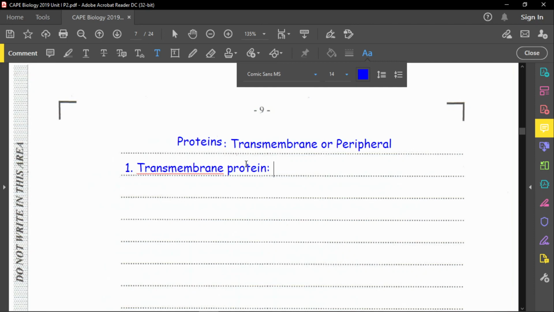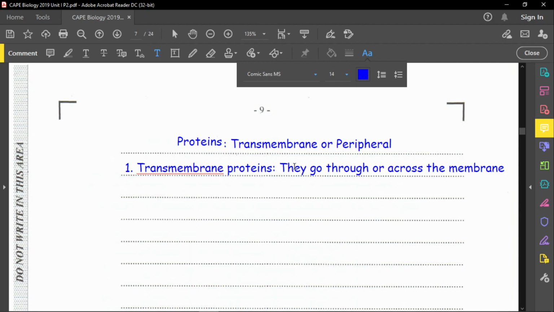So these go through the membrane or across the membrane. Just make a note of that.